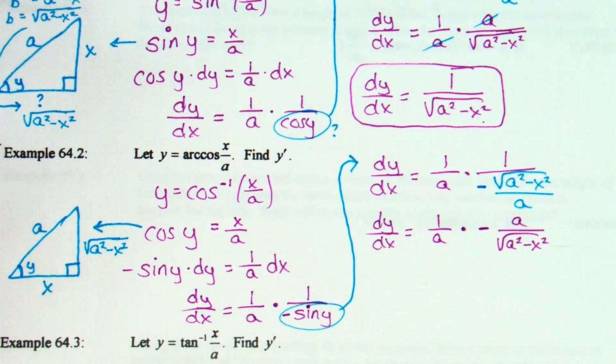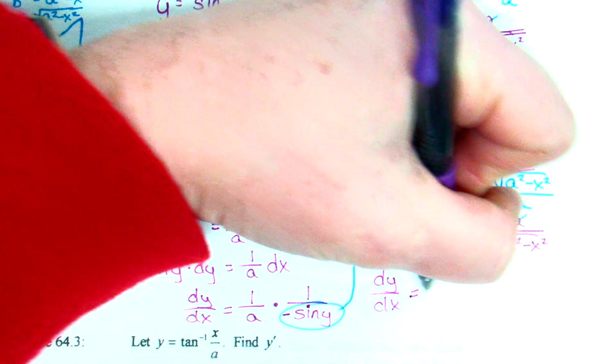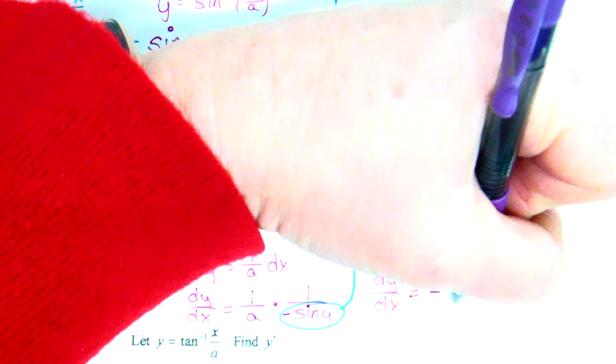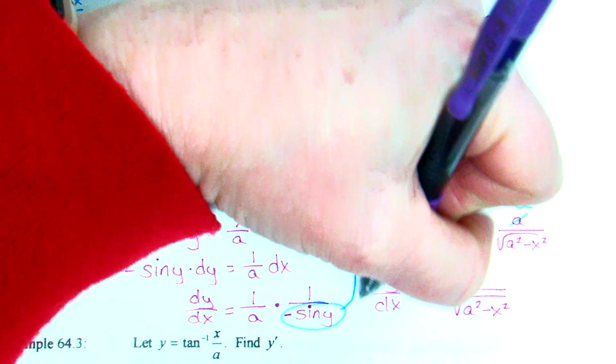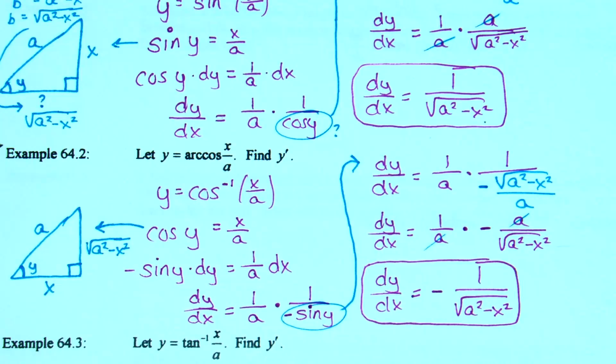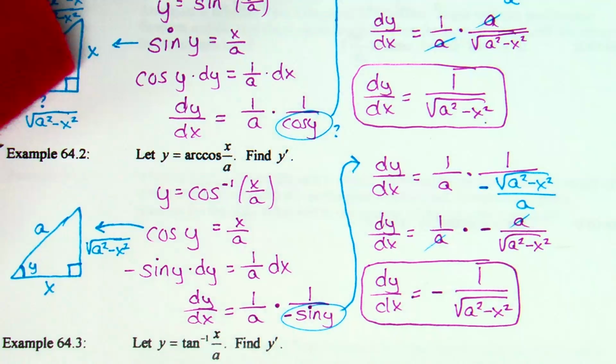And so now my derivative is the negative of 1 over the square root of a squared minus x squared. So what's the difference between sine inverse and cosine inverse derivatives? A negative sign, right? Other than that, it's all the same.